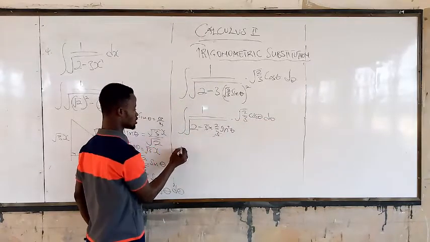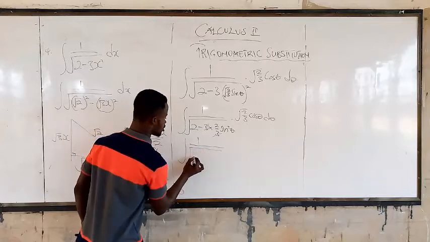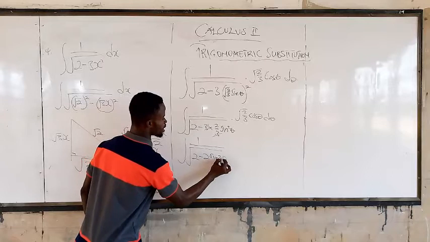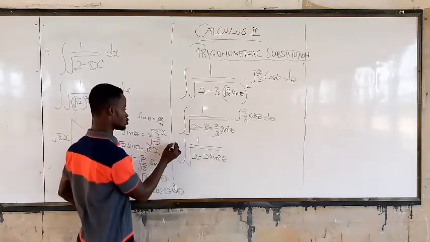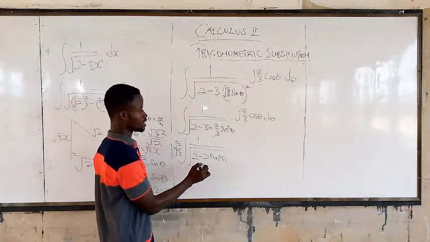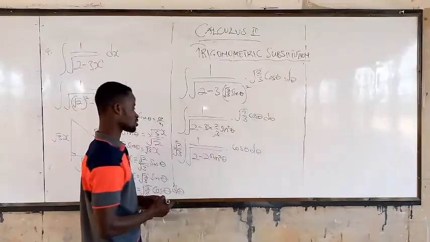This will cancel this. So we get square root of 1/2 minus 2 sine squared theta, and this is a constant. So we get square root of 2/square root of 3 here. So cos theta d theta.